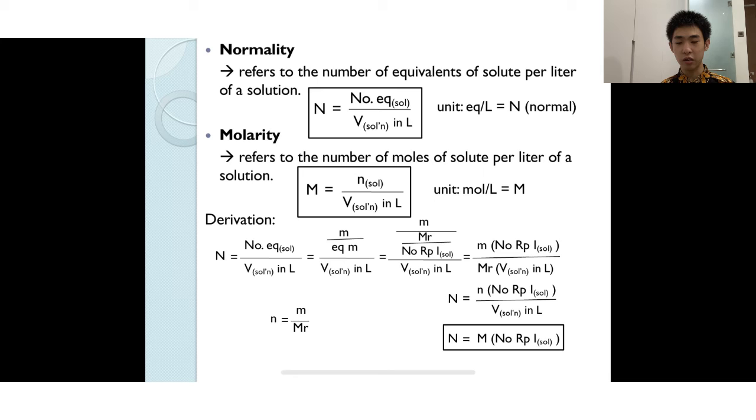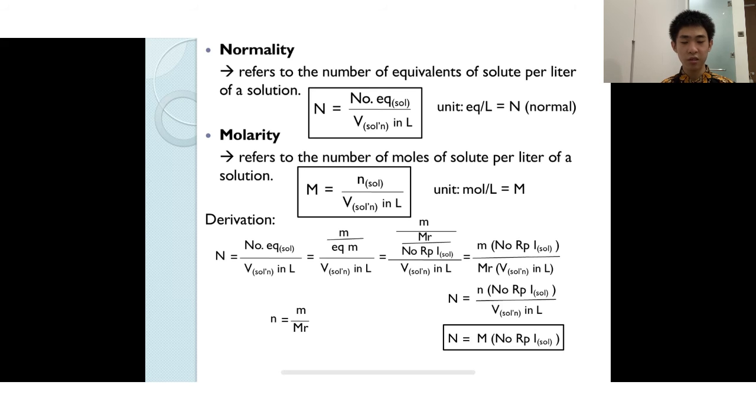The number of equivalents can be expressed as mass divided by equivalent mass, and the equivalent mass equals relative mass over number of replaceable ions. So we get mass times number of replaceable ions over relative mass times volume of solution.